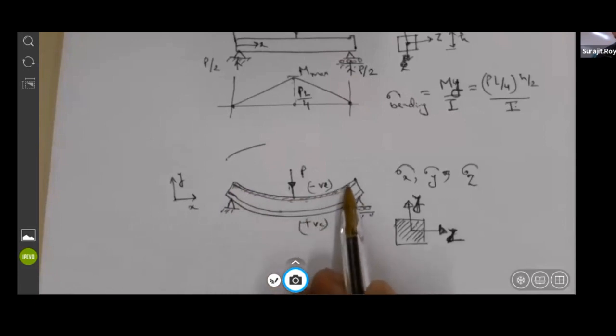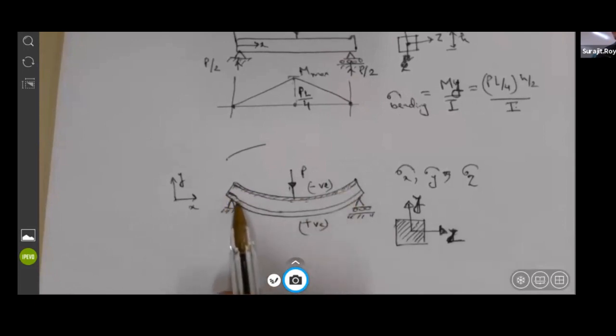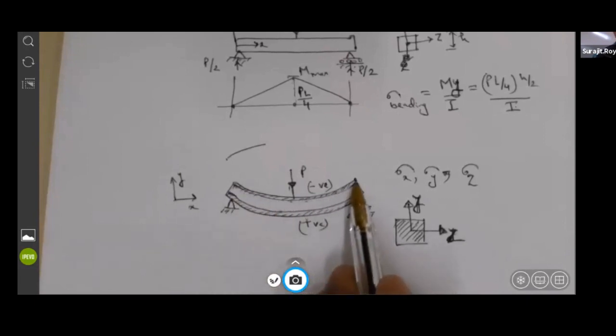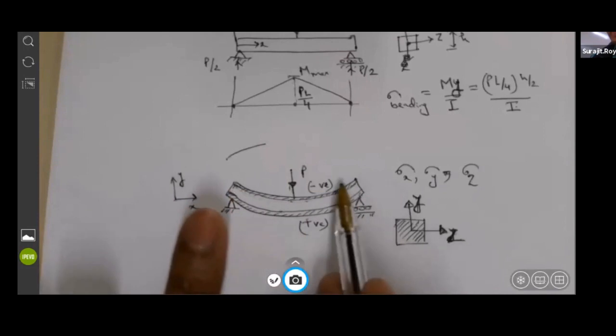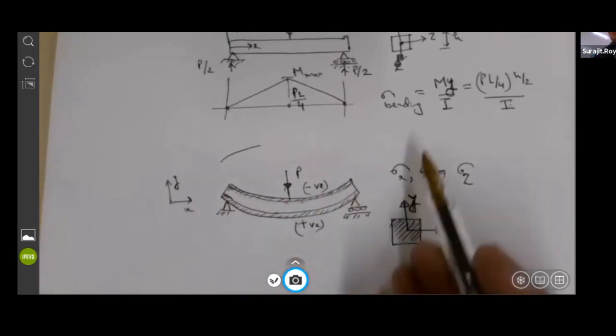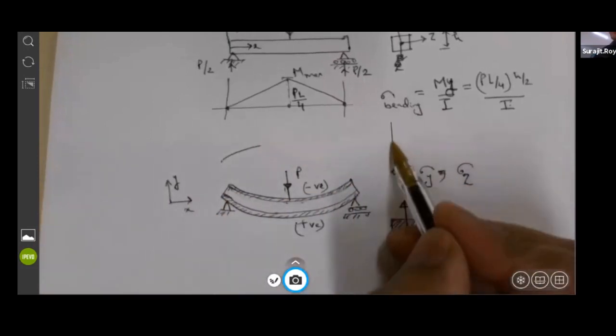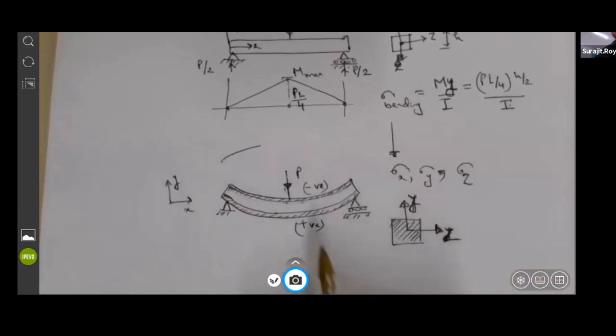When you are talking about the stresses, always think of making a small discrete element like this, assuming it is made up of different layers. If I see a small layer of material on the top, it is getting compressed in the X direction. So the bending stresses are going to be in the X direction.